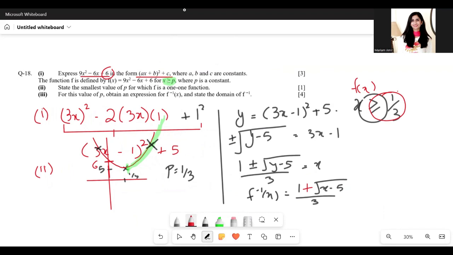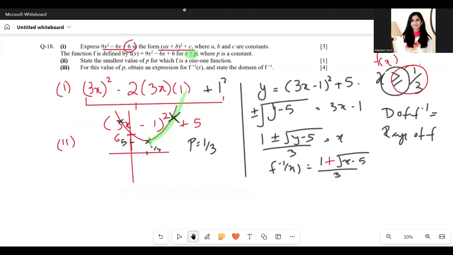Okay. And next we have to find the domain of f inverse. So the domain of f inverse equals the range of f. Now, how do we find the range of f? Let's go back to this graph. This graph was starting from 1 over 3, and at 1 over 3, the value of y is 5.